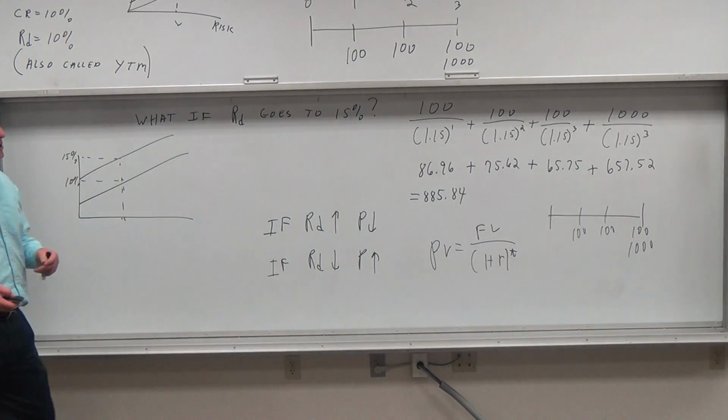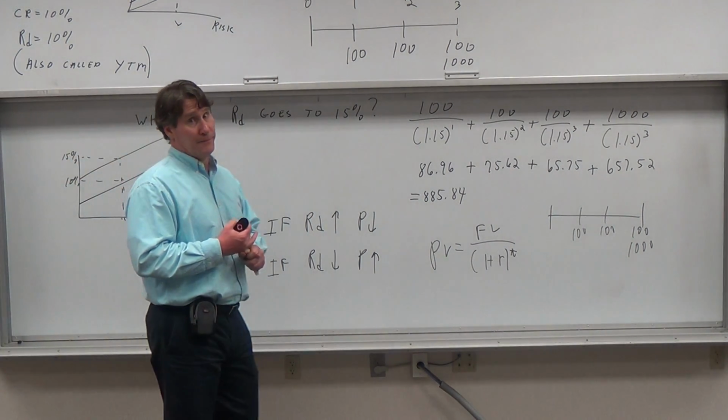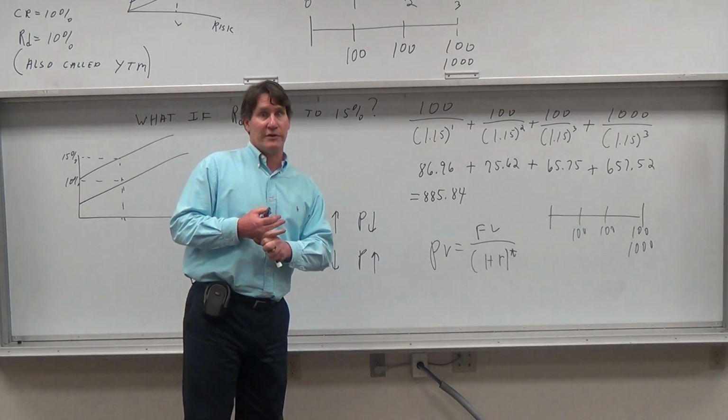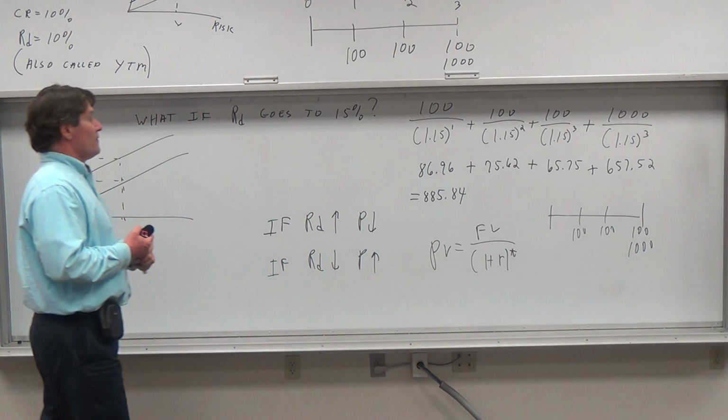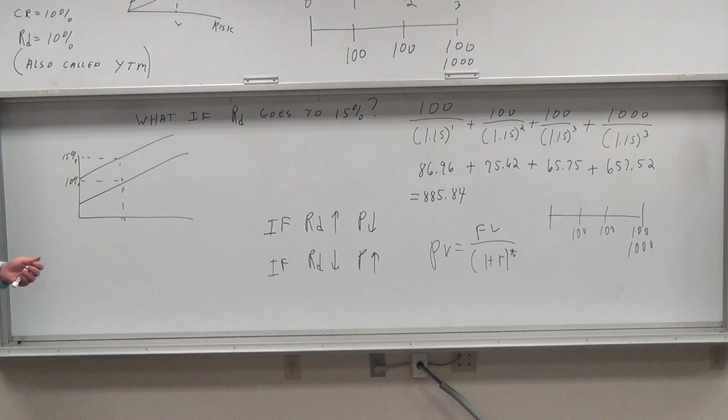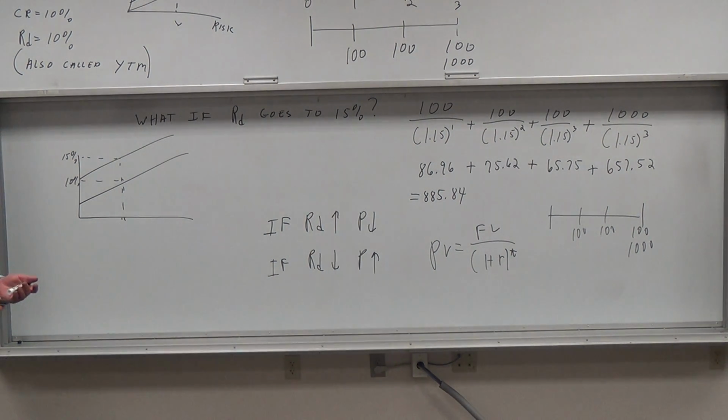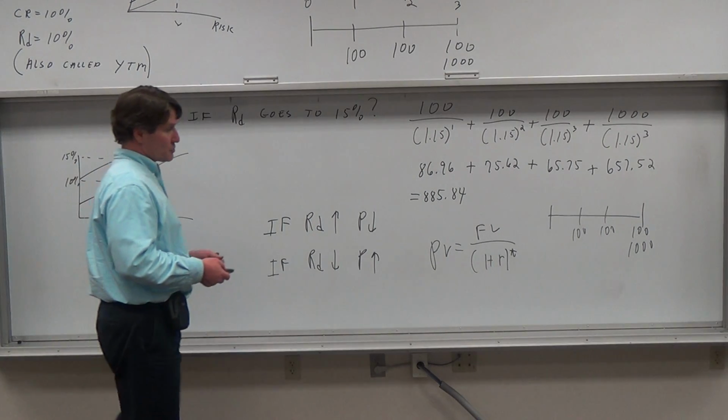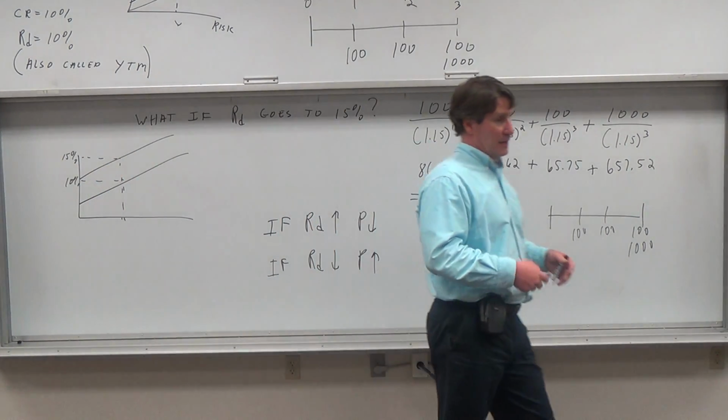So the first thing I want you to realize is how to price a bond. Okay? Present value of expected future cash flows. The next thing that's important is realize the relationship. What causes bond prices to change? Changes in interest rates. What causes interest rates to change? Supply and demand, right?